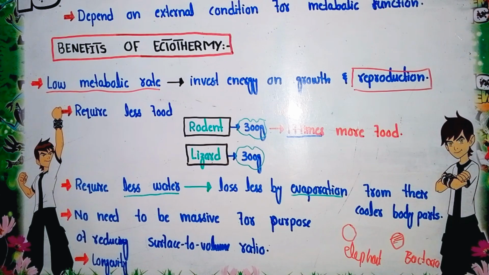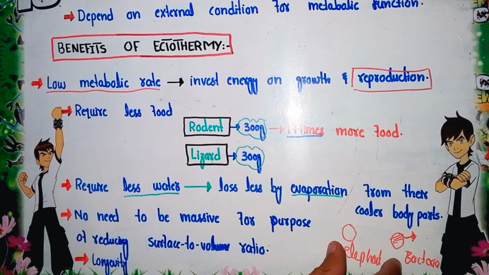Now the rate of respiration, or you can say the rate of heat loss, occurs from which cell? Basically it will occur from the bacterial cell, because they have a large surface to volume ratio as compared to the elephant cells.